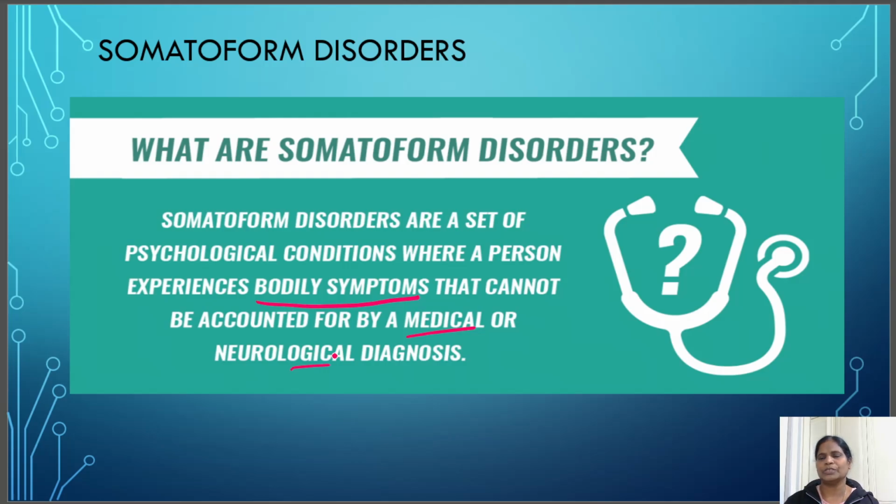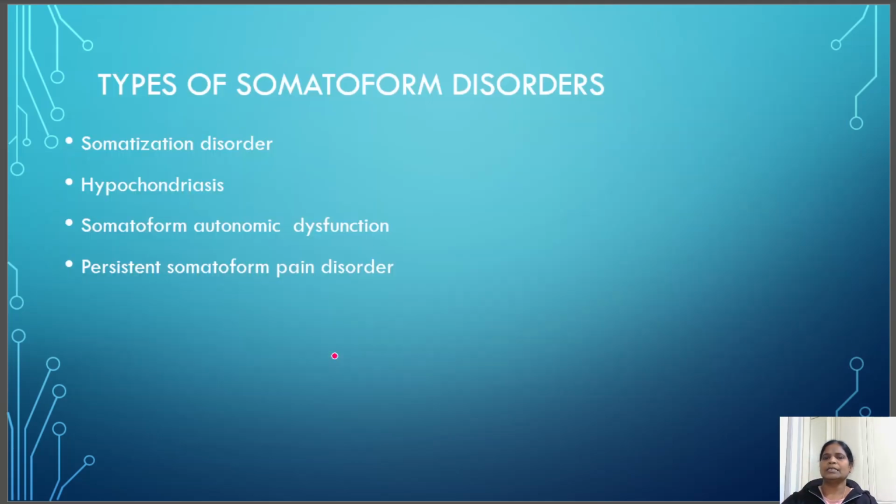These are called somatoform disorders, and under them we have different subtypes like somatization disorder, hypochondriasis, persistent somatoform pain disorder, and somatoform autonomic dysfunctions. We are going to go in brief through these types.